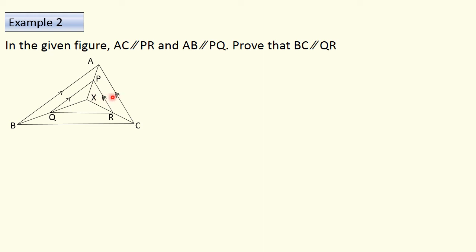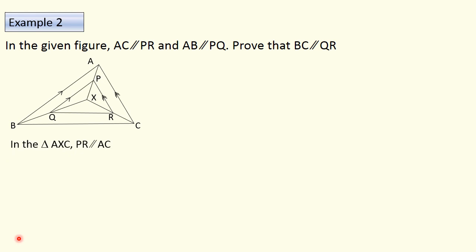AC parallel PR is given, and also AB parallel PQ. We need to show that BC and QR are parallel. Let's see how to prove this.